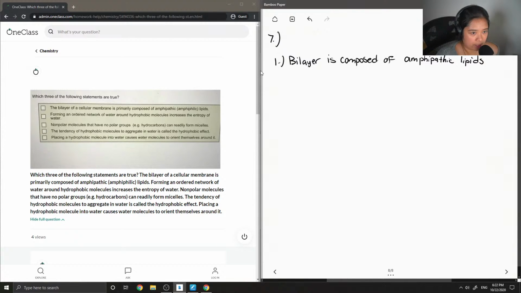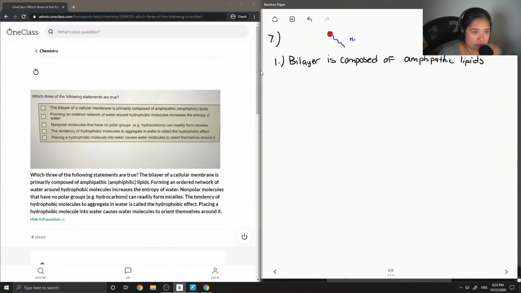So I'm going to draw out an example of what these amphipathic lipids kind of look like. Basically, you have a head and then the tail.